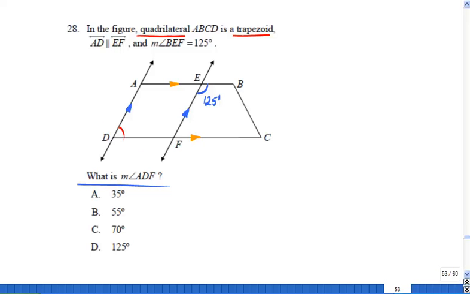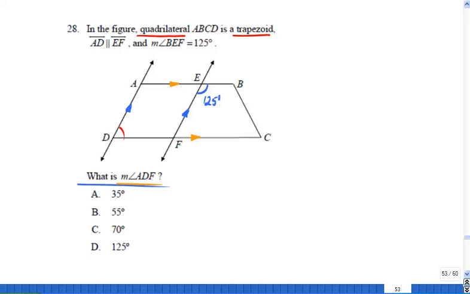So I know AB is parallel to DC. I also know that this angle here, BEF, has a measure of 125. If I can find any relation between this angle and the angle I'm looking for, ADF, I should be done, right?